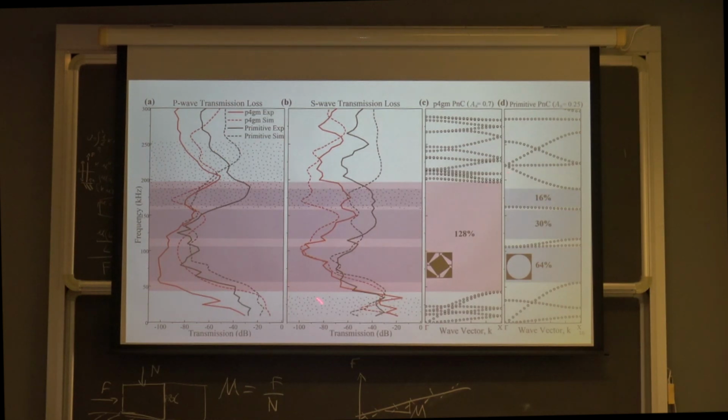And here you can see the transmission loss in the gamma X direction. So the wave propagates this way if we create this array. And we have the solid curves on both A and B. They are experimental curves, with a step of 5 kilohertz starting from 10 kilohertz up to 300 kilohertz.